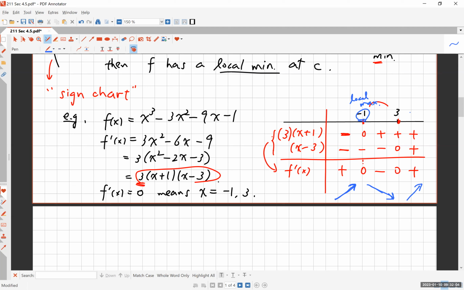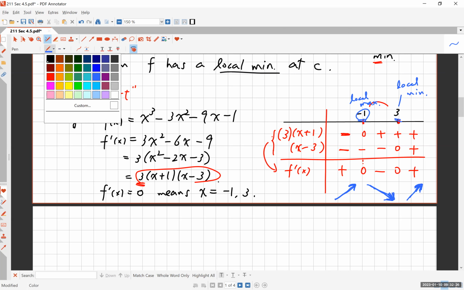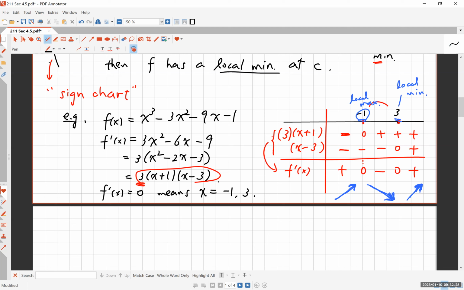Now at 3, the derivative goes from negative to positive. In other words, the function goes from decreasing to increasing. So this must be a local minimum. Okay, so the sign chart makes it clear, and these arrows at the bottom for me and for you, I'm sure, will make it even clearer that this is a local maximum and this is a local minimum.